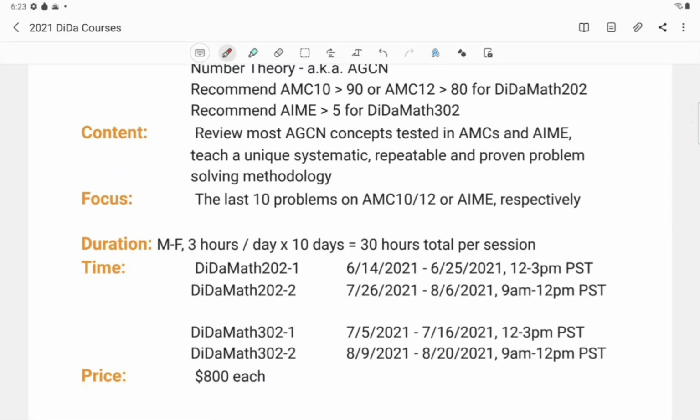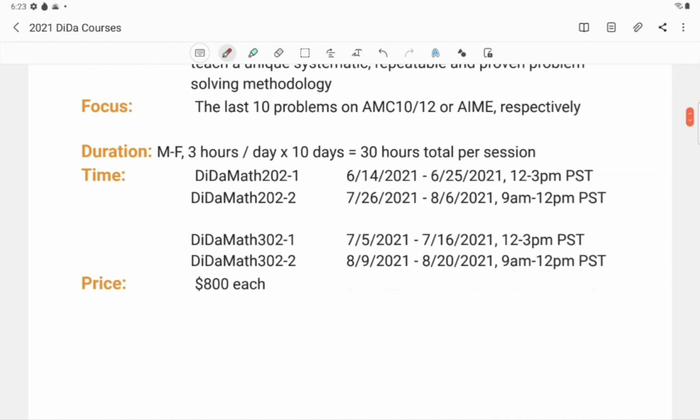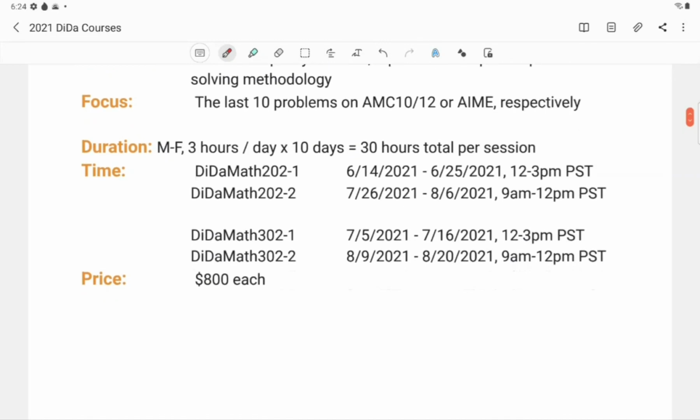Okay. So for both camps, it takes 2 weeks, but the lessons are only on weekdays, Monday through Friday, and for each day there will be a 3-hour continuous lesson. So for 10 days, for a total of 30 hours per session.